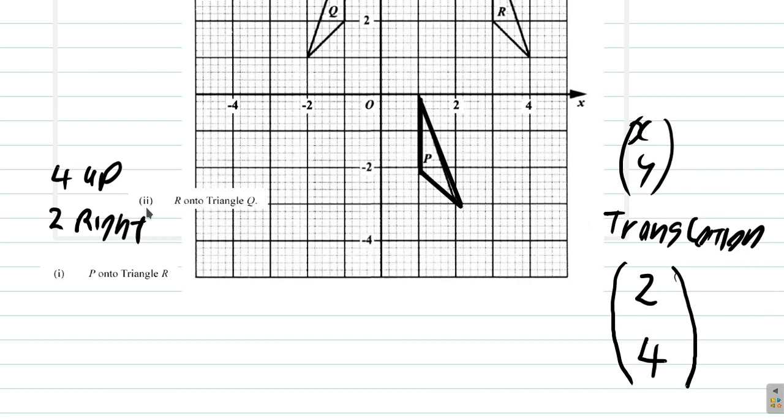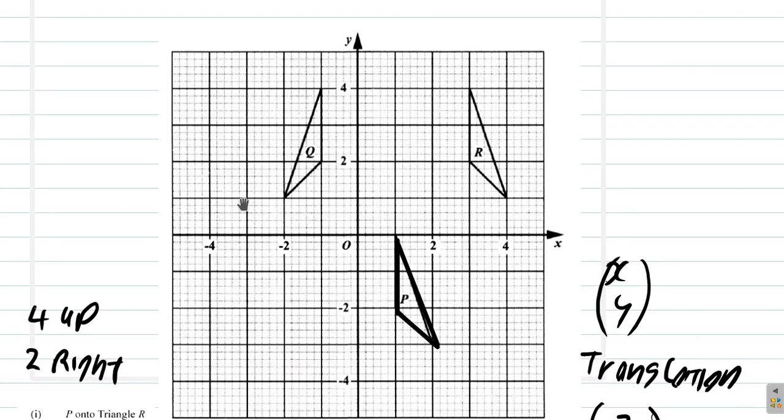The question is how R ends up on Q. If you translate it, you see the orientation changes, it spins around.